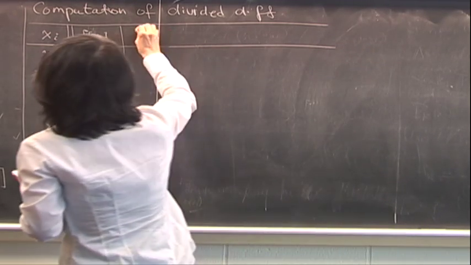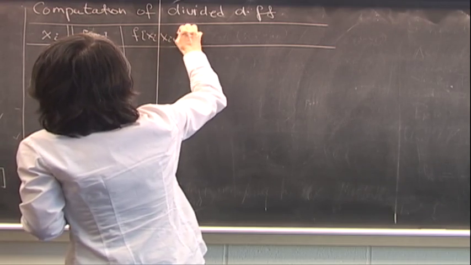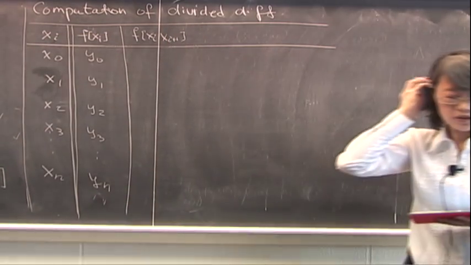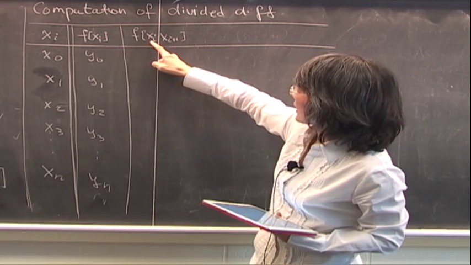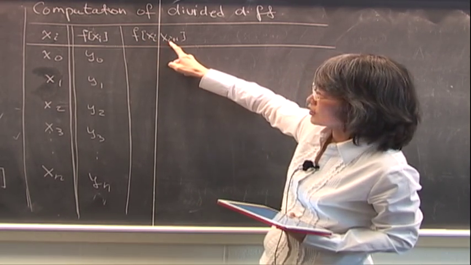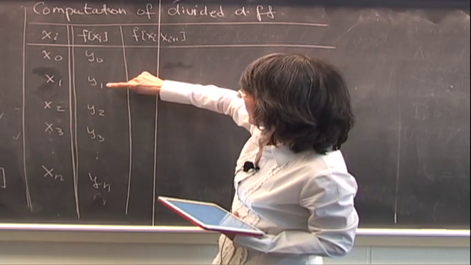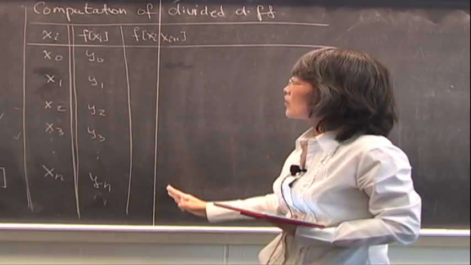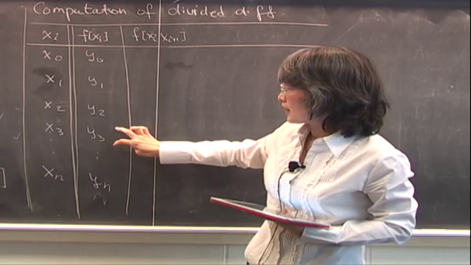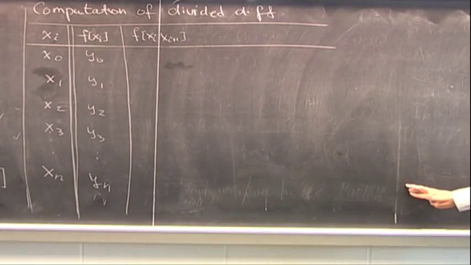Okay, and then let's do the next one. So let's say we want to compute f[x0, x1]. What do I need? Well, I know from my definition this will be this minus that divided by this minus that. And then this column will have one less element than the previous one. And it keeps getting less and less and less, right?